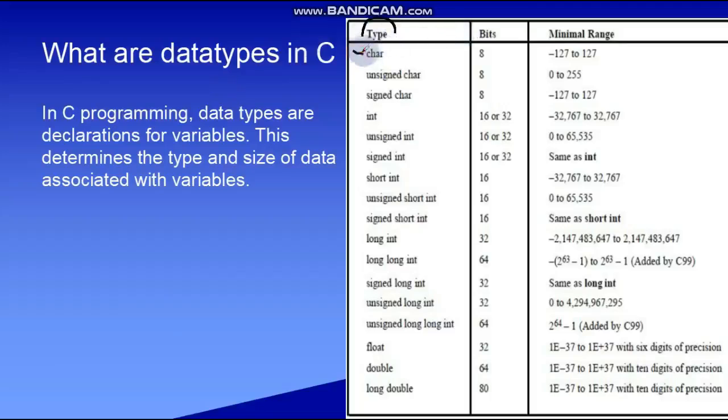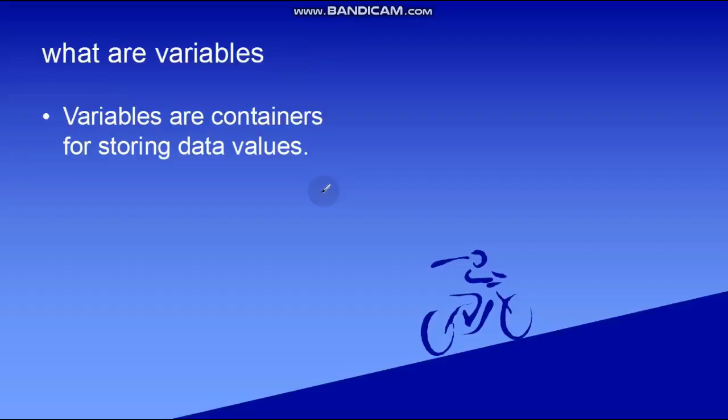Like char, it's a data type and it can hold a space of 8 bits and it can hold only this range. And also we have int, which occupies a space of 16 or 32 bits depending on your machine and can only hold a certain range.